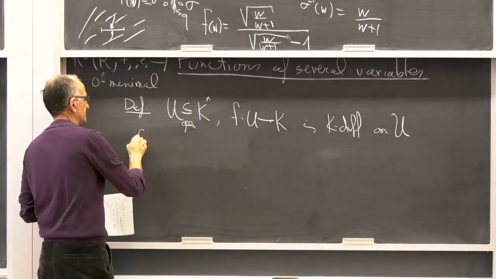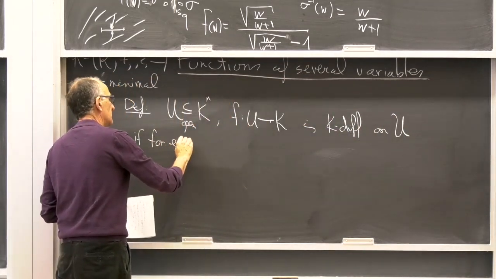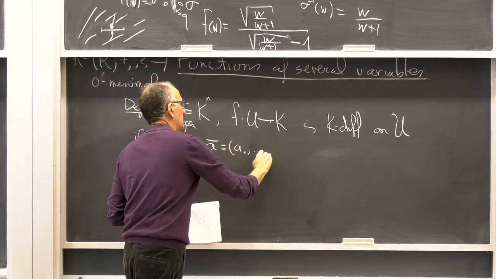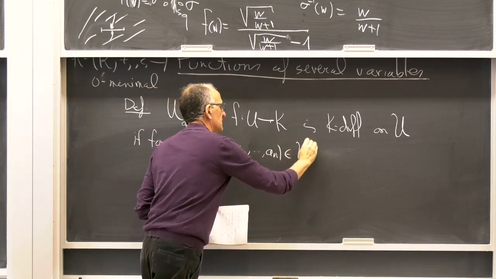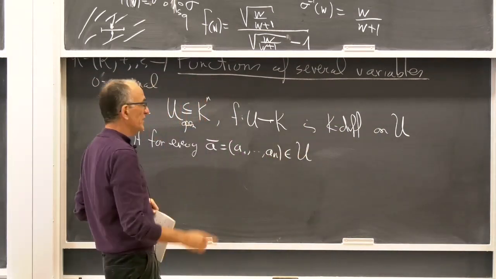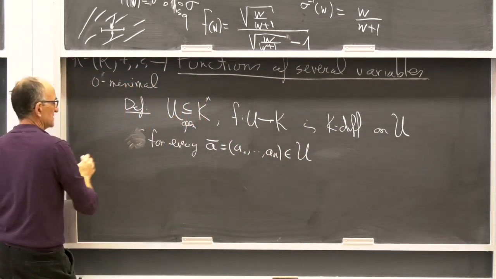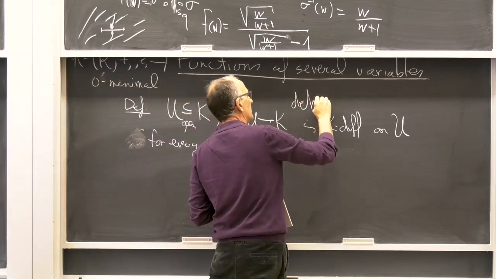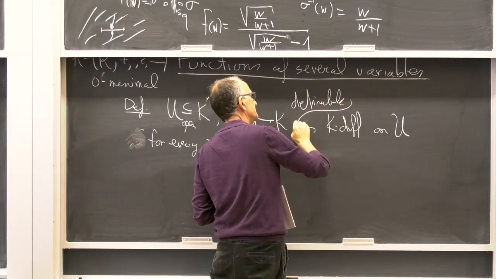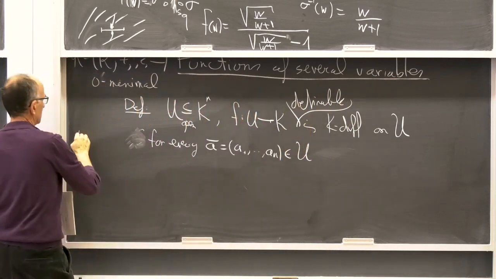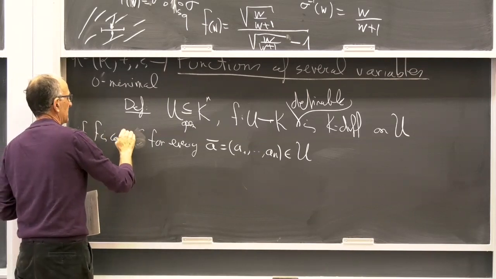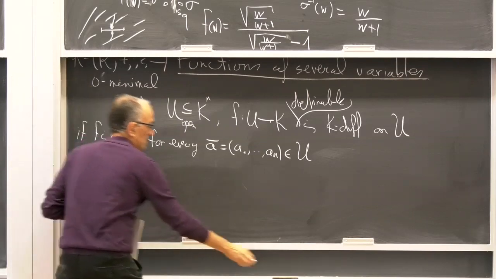if for every a1 to an in U, f is definable, if f is continuous, first of all, and I'll say something about this assumption.